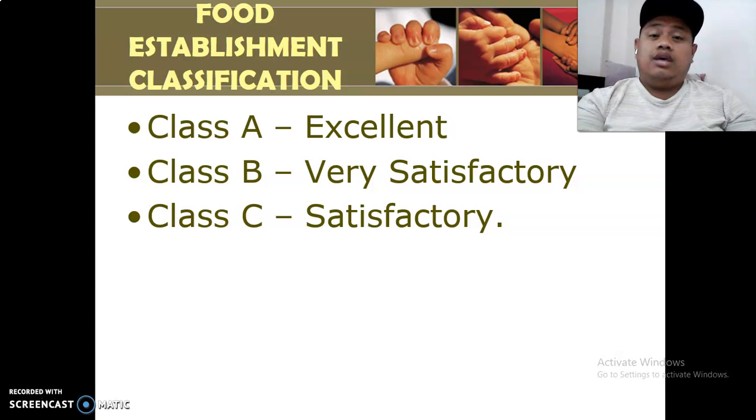But of course, if they do not follow these policies set as minimum standards in establishing a food establishment, they will not be given a sanitary permit to operate, and that would make them unable to operate any food establishment.